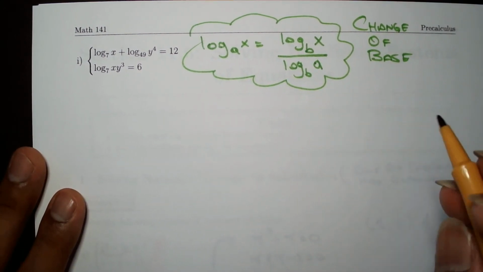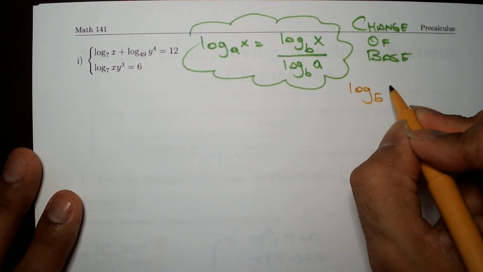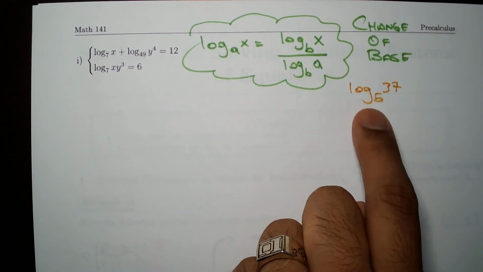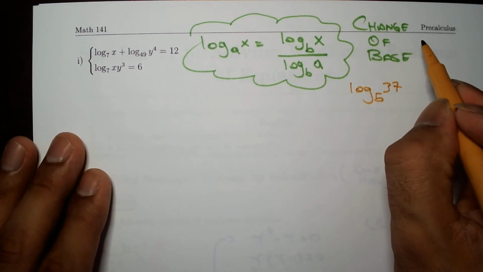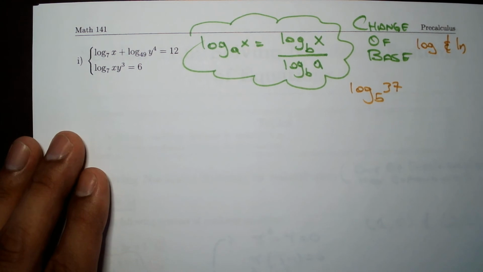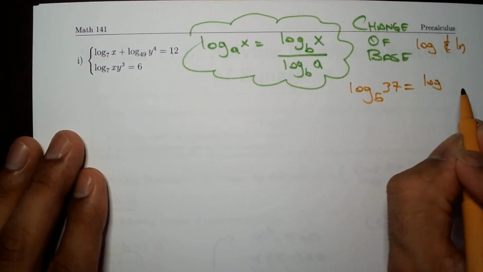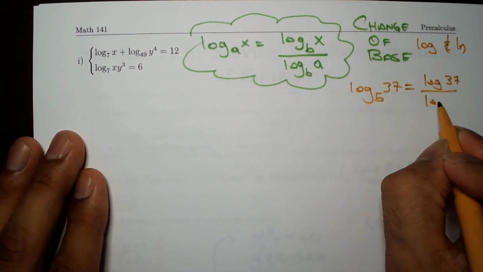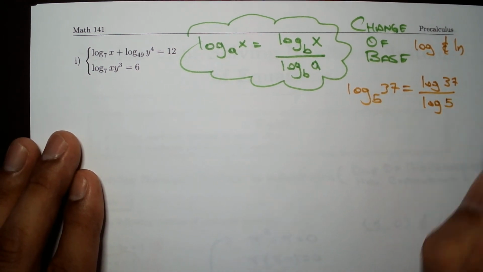All right. For example, just to refresh this. Suppose that you want to evaluate log base 5 of 37, but maybe your calculator cannot do log base 5. Your calculator most of the times does log base 10 and natural log, which is log base e. So what you do is do log base 10 of 37 and divide by log of the new base 10, the one that your calculator will handle, of 5.